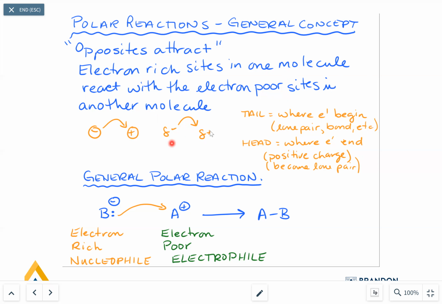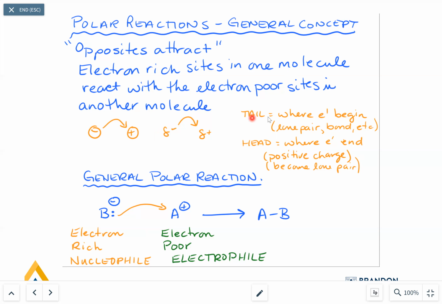Positive is where the electrons are missing from. So if you've got a positive charge, maybe a carbon with a positive charge, it's missing some electrons, so negative is always going to be going to positive. So the electron-rich sites are the sites that are negative or delta negative.